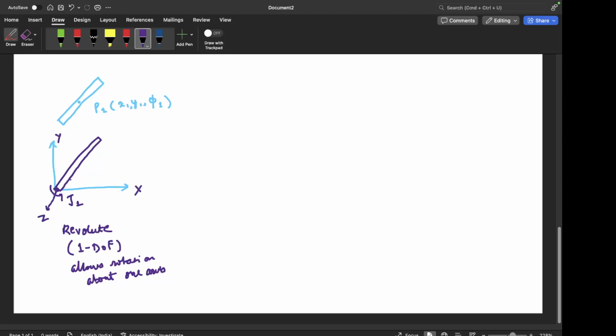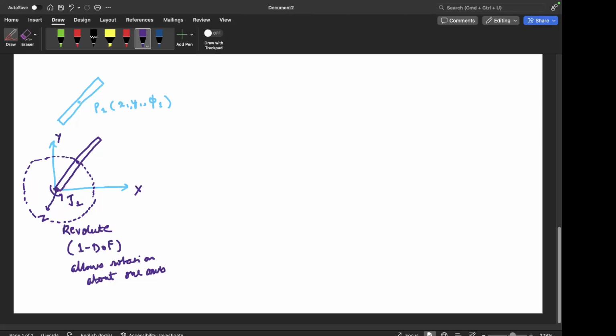And now the center of mass of this link one can only move in a certain way, because it is constrained to this joint, it can only move along this circle. If this joint is free to rotate 360 degrees, then the path of the center of mass would trace what shape? It would trace a circle, right?